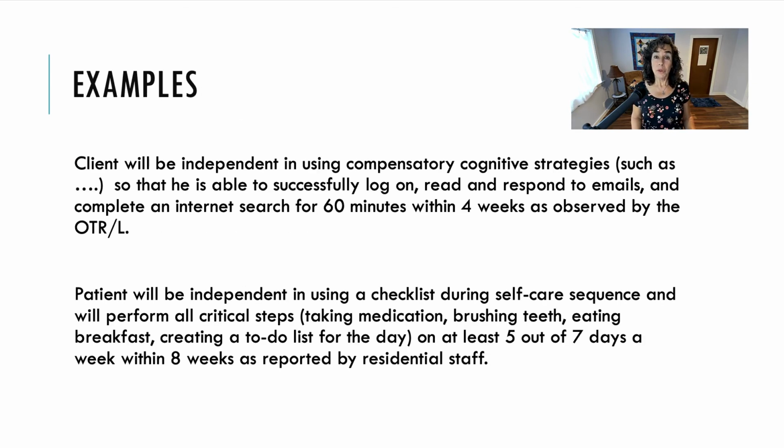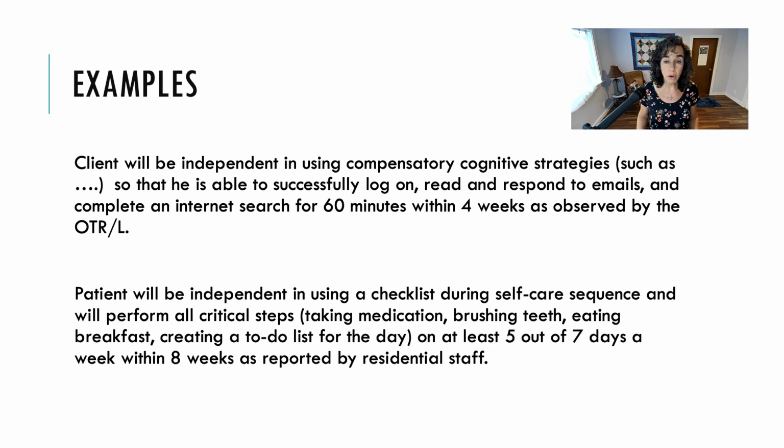All right, so some examples. The client will be independent in using compensatory cognitive strategies, such as, so I'm defining that, so that he is able to successfully log on, read and respond to emails, and complete an internet search for 60 minutes within 4 weeks, as observed by the OTR.